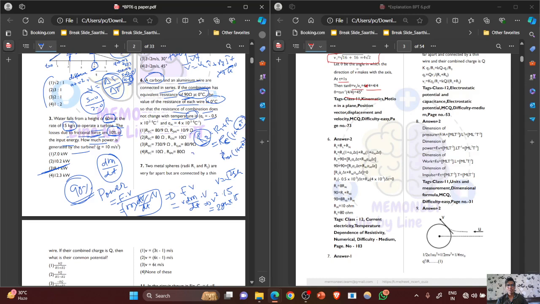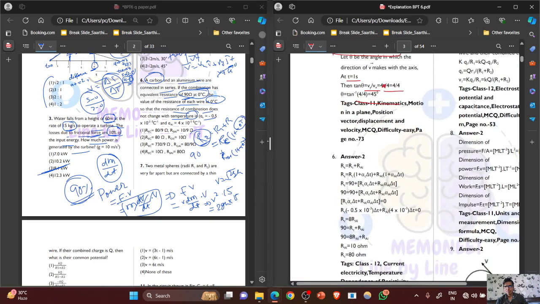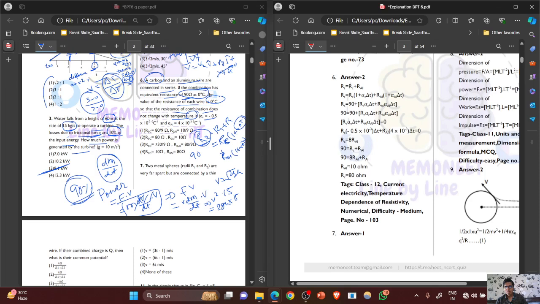You just need to do R carbon plus R aluminum. So now, as you can see from here, 1 plus alpha delta T, what it is asking.